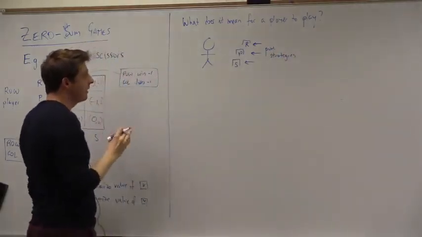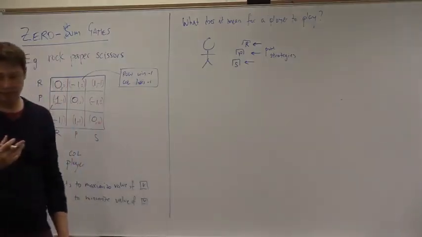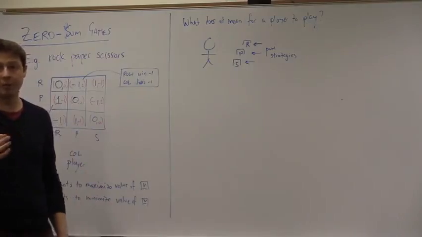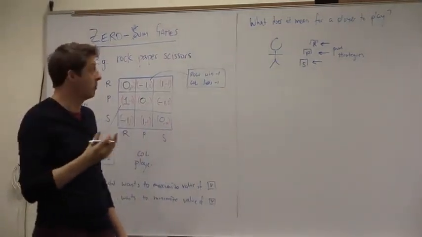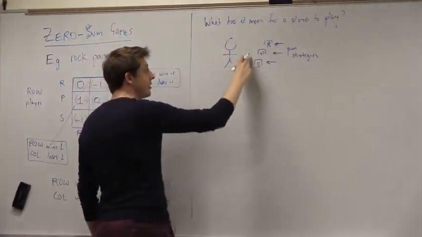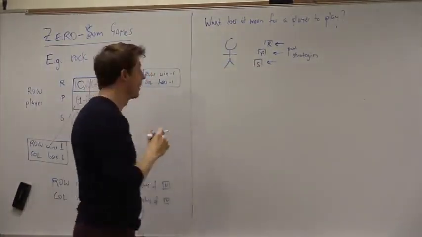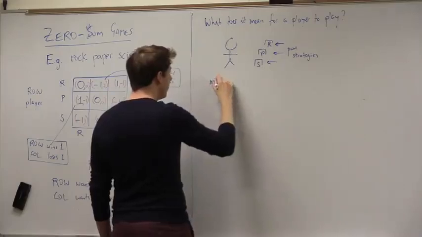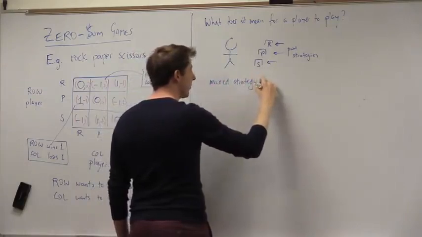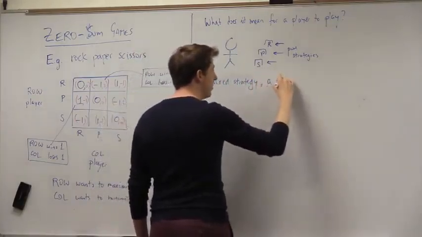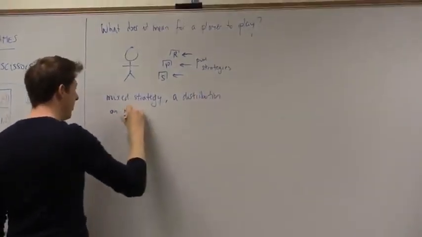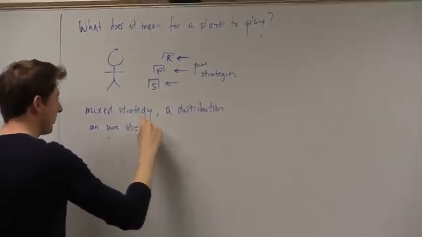But notice that these are just the so-called pure strategies. He could say, well, today I'm going to play rock or paper or scissors. But in reality, his strategic space of possibilities, the types of strategies he could play, is much bigger than that. He could, for example, assign a probability distribution across the pure strategies. So we also have the notion of a mixed strategy, which is a distribution on pure strategies.